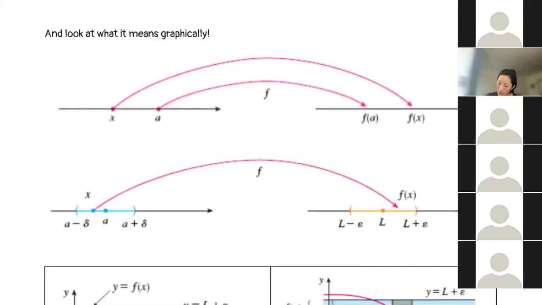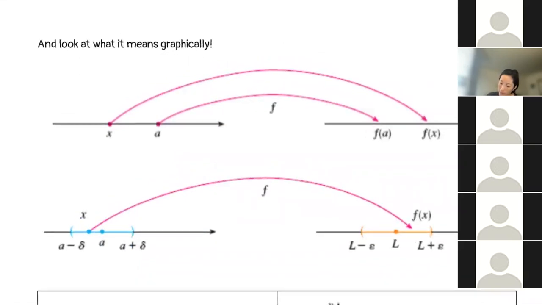Okay. So we have pictures that are looking at the different axes. Okay. So let's say that I have some x value. I plug x into a function, and what comes out is f of x. Right?